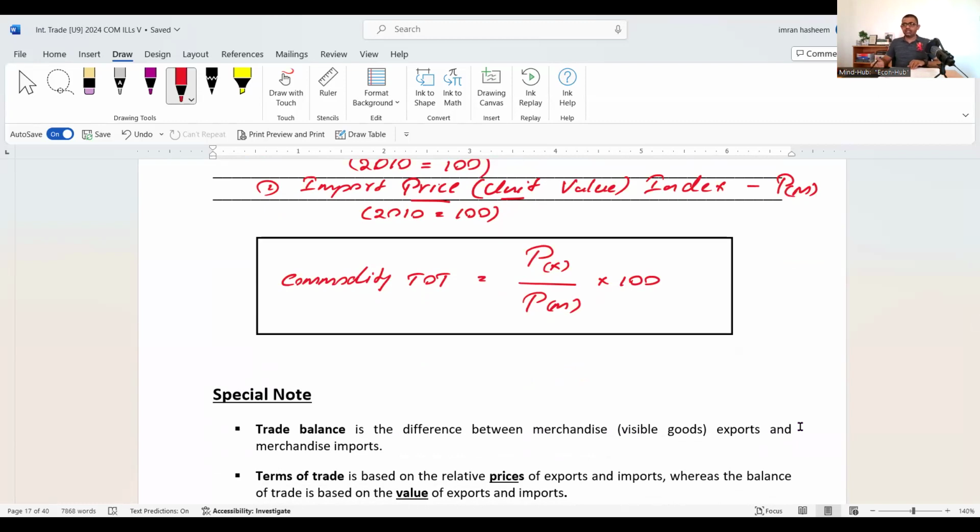The formula is also very logical. I'll give it in a simple way. If I export some item and I get 1,000 rupees, and with this 1,000 rupees I am trying to import an item from the world market worth 250 rupees, how many units can I import?